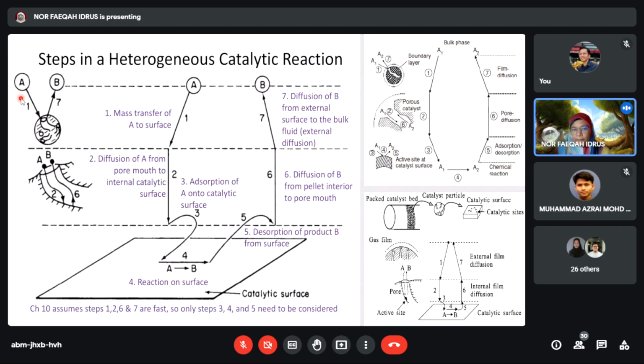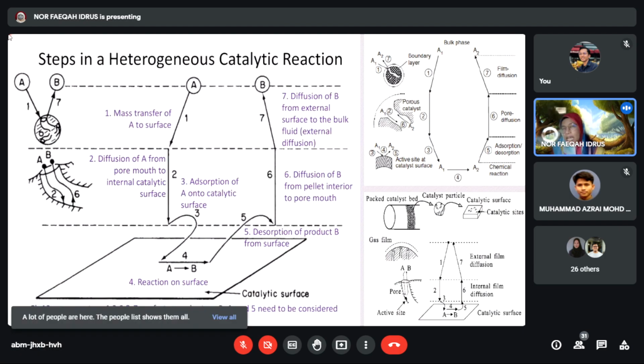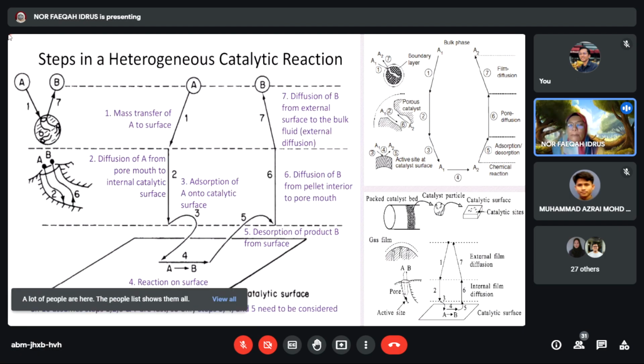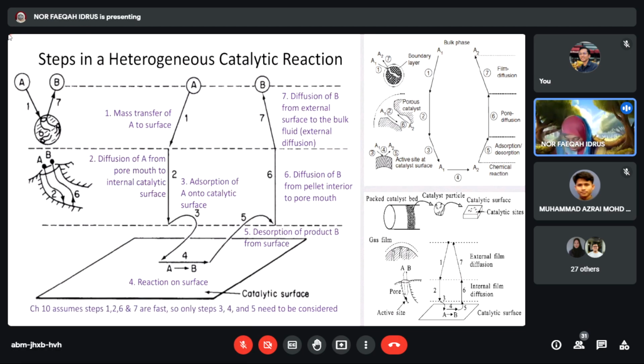If the reaction involves two reactants, it becomes more complicated, especially the mechanism of reaction and the rate law equation. So we just consider a single reactant for this topic, right?